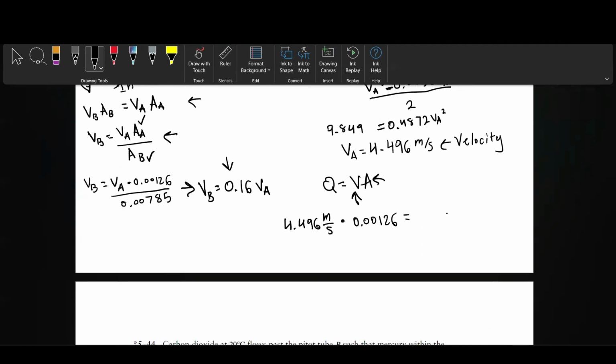And once you multiply that, you're going to get volumetric flow to be 0.00567 meters cubed per second. So that's the answer.